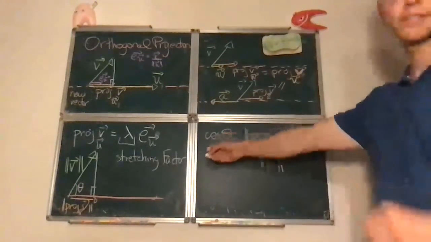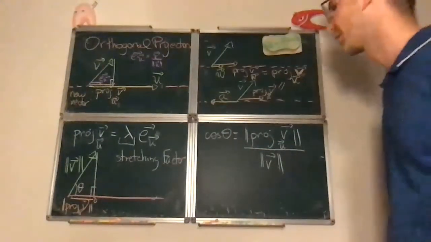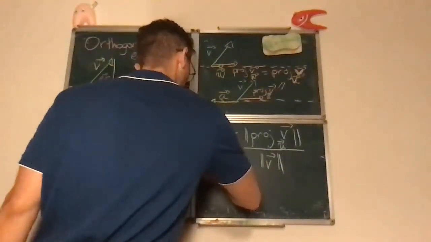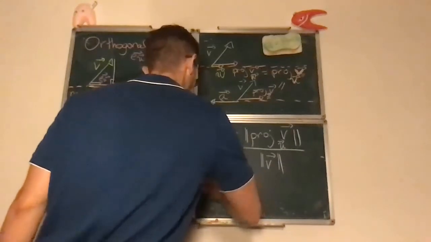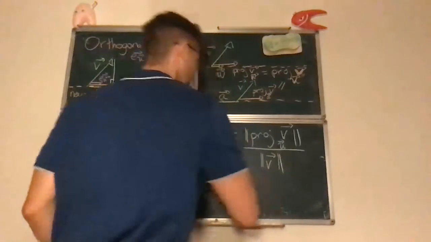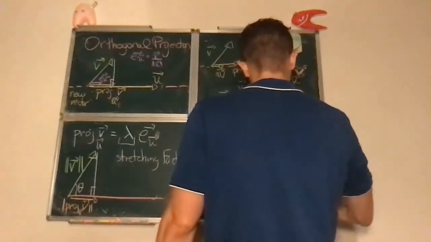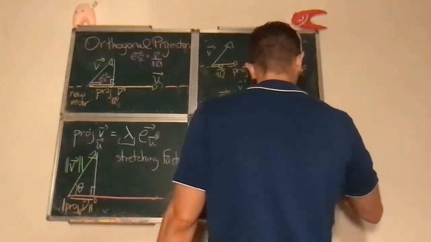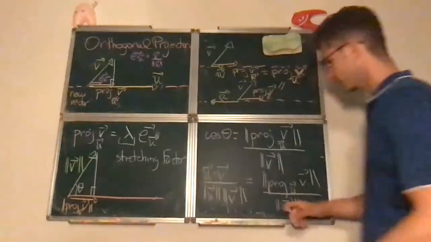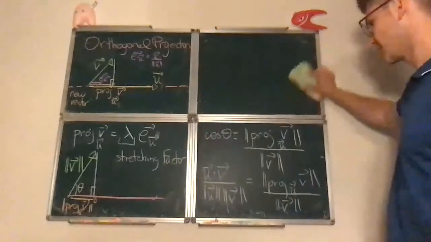But remember that there's a formula for the cosine of the angle using the dot product, and this is where the dot product appears. And this was just u dot v divided by the norm of u times the norm of v. So you get this. And you see the norm of v appears on both sides, so we can cancel it.